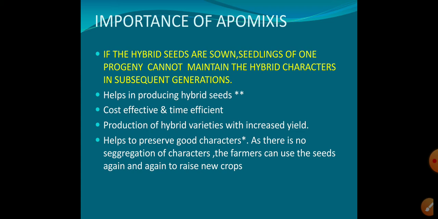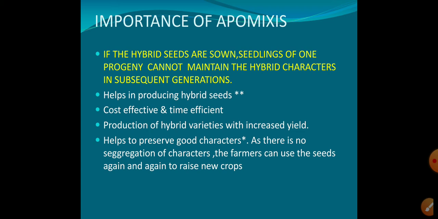Just imagine if you develop a hybrid seed with the desired quality, that seed generally cannot be used year after year. Every time the farmers have to go and buy those hybrid seeds every year. They cannot store it. Every year they have to buy the hybrid seeds and freshly sow them in the agricultural field.